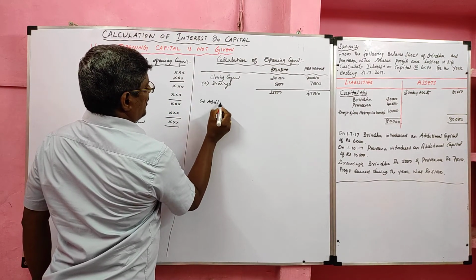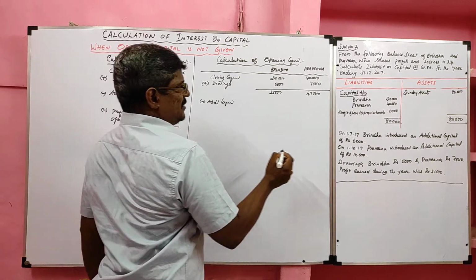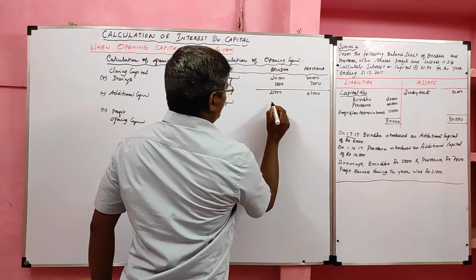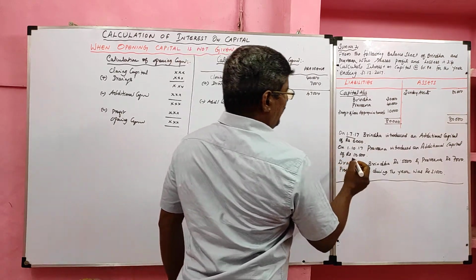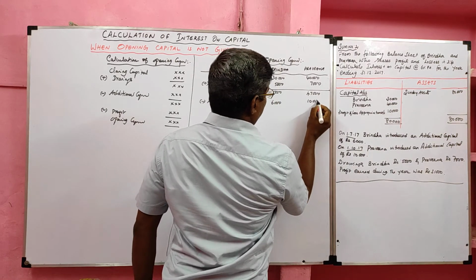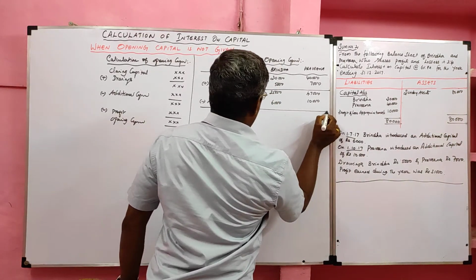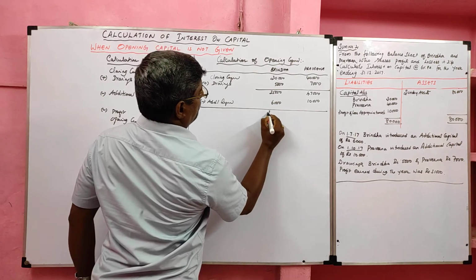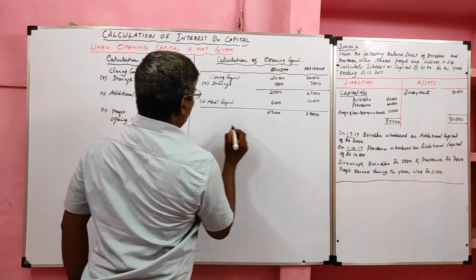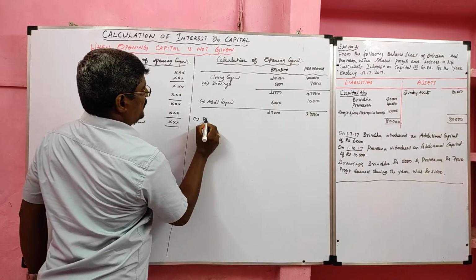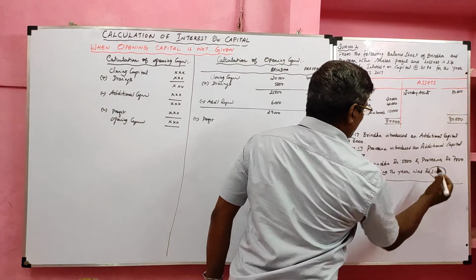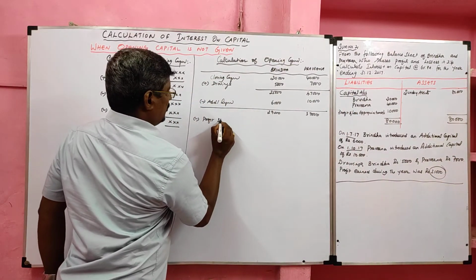Additional capitals are given in the question in adjustments. Brinda introduced on 1/7/2017, value 6,000. Praveena introduced on 1/10/2017, value 10,000. So 29,000 and 37,000. Then we have to deduct profit earned during the year, 31,000.